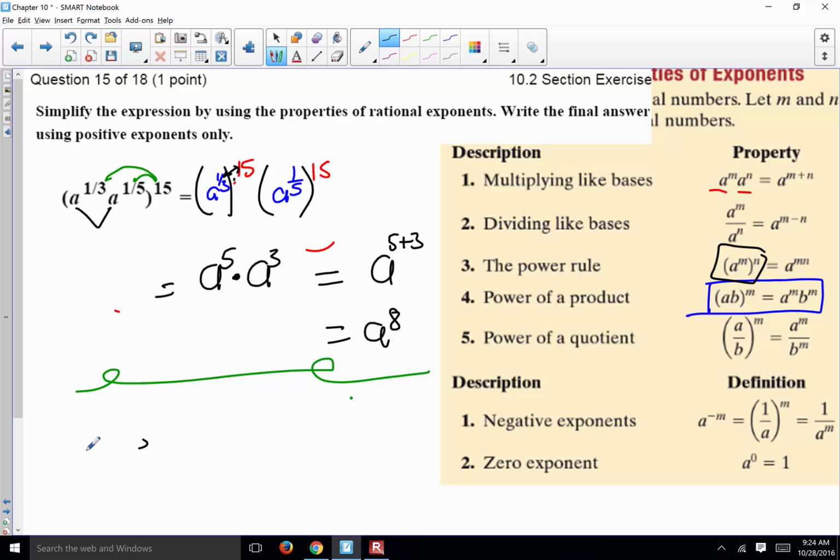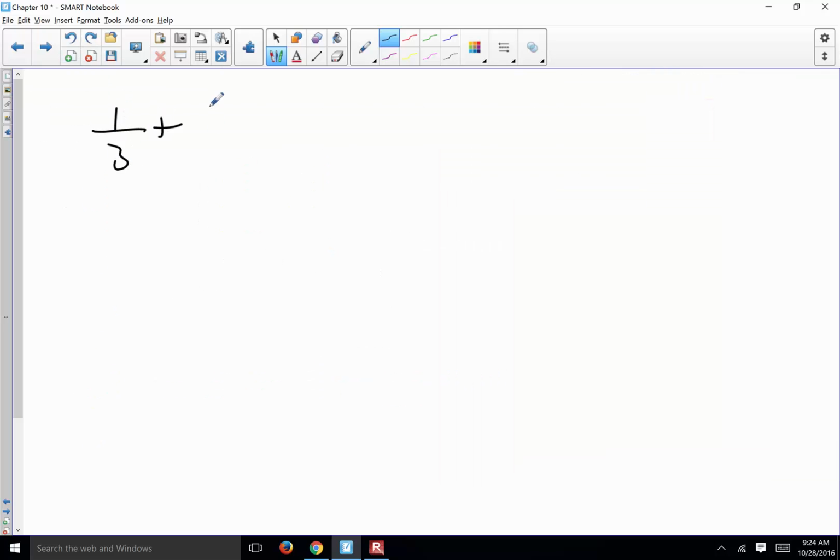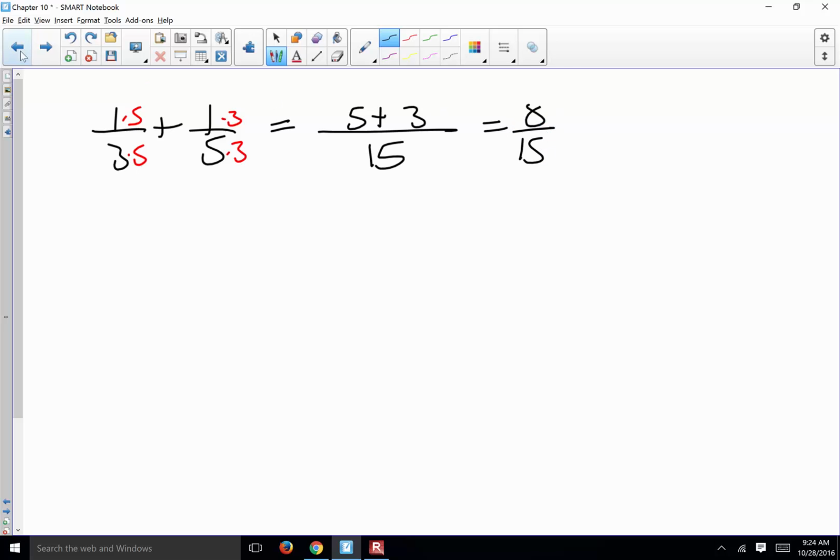First add these up. What is 1/3 and 1/5? Unfortunately, they don't have the same denominator. You need to match the denominators by multiplying this one by 5 and this one by 3 and add. This is 15 and 15, common denominator. Top is 1 times 5, 1 times 3 is 3. It's 8/15.